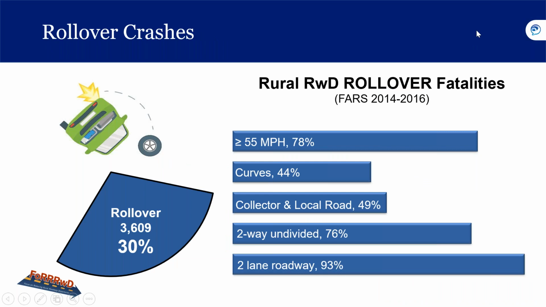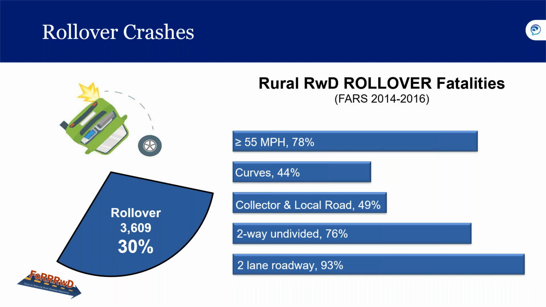So, rollover crashes. We got some statistics here from the Fatality Analysis Reporting System from FHWA or USDOT. Why are adequate clear zones and traversable slopes important?